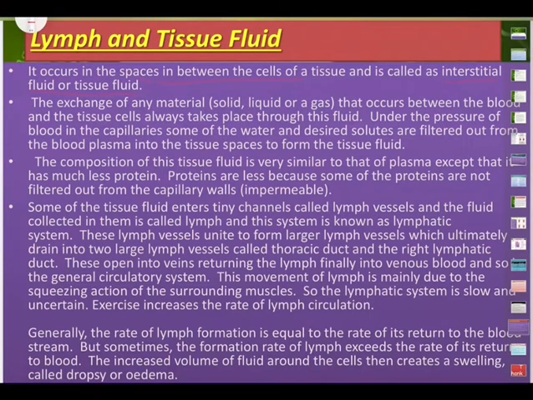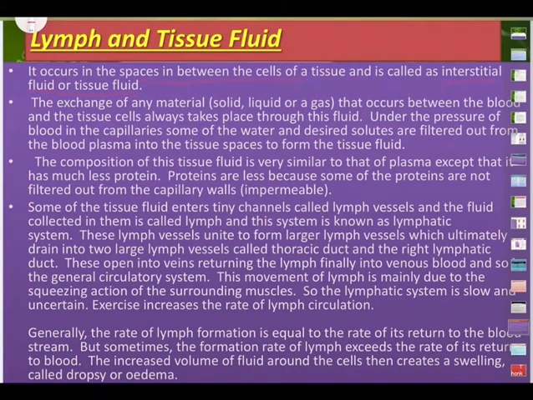Lymph is called interstitial fluid as it flows in between the cells of a tissue. The exchange of any material, solid, liquid or gas, between the blood and the tissue cells always takes place through this fluid called lymph.